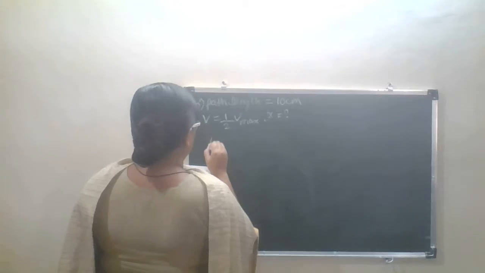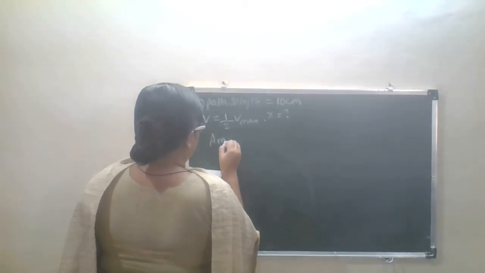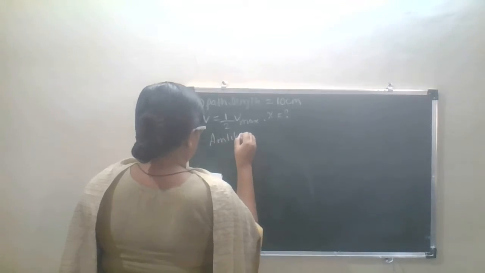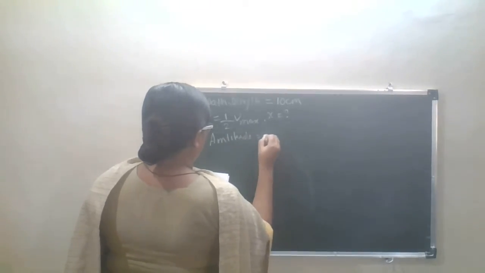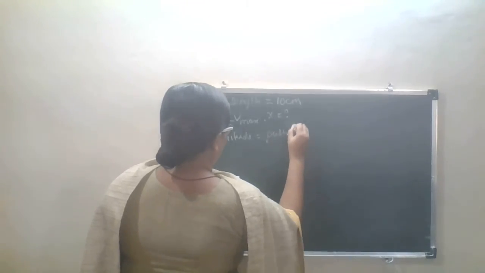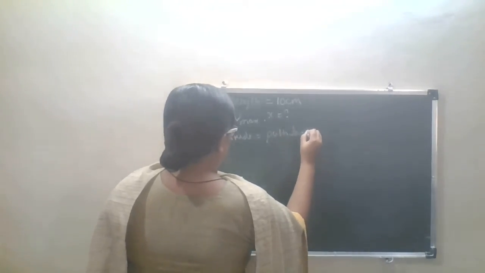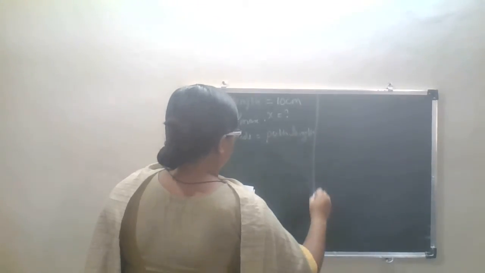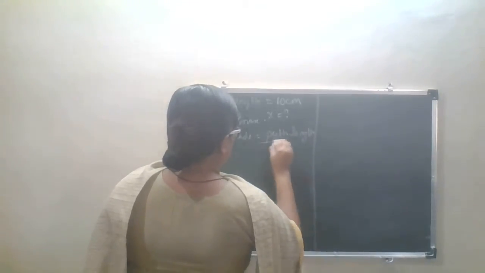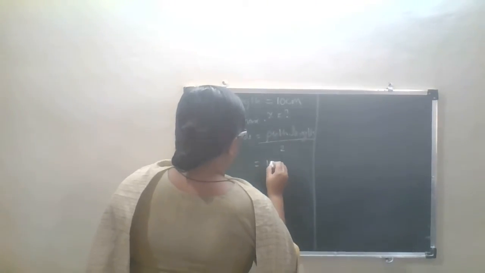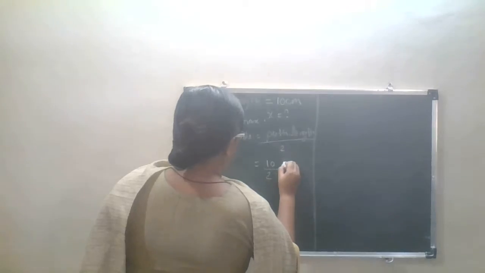Now the amplitude is path length divided by 2, which is equal to 10 divided by 2, which is equal to 5.